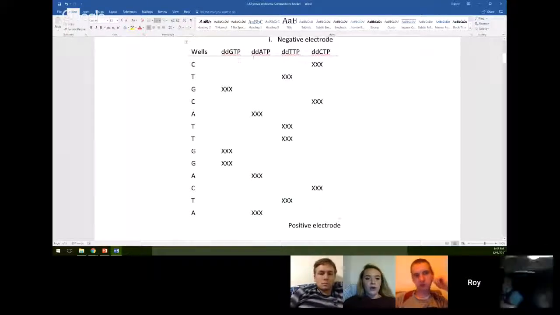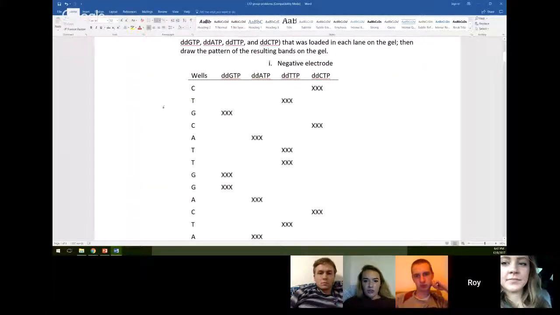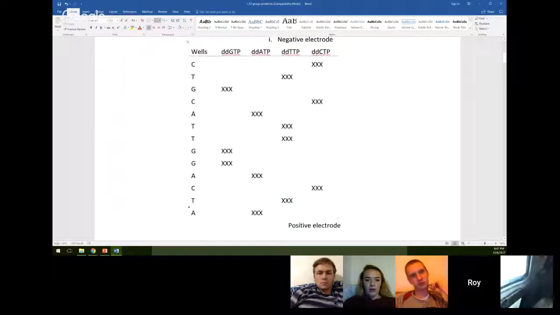And so they're going to be at different lengths, and just depending on where the base lies, it's going to fall. So basically, since there's a G that's closer to the primer annealing end, it's going to be higher up. Does that make sense? Am I explaining this correctly?